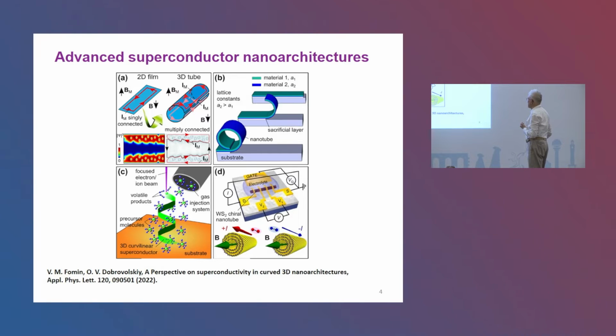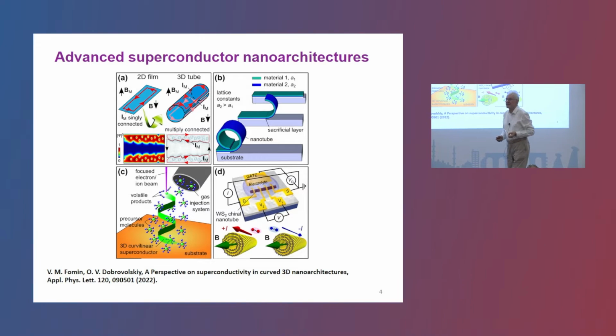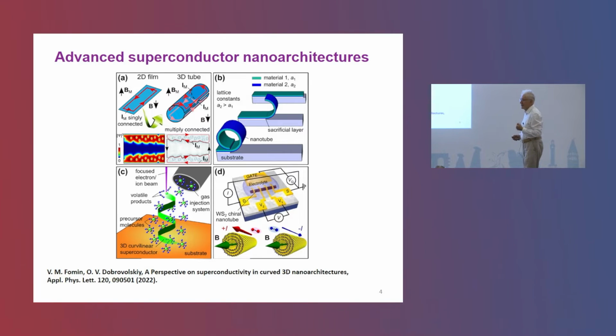And there can be also natural self-organization of such nanoarchitectures. We can recall carbon nanotubes. They are nanoarchitectures which are naturally organized, but now there are very, very many representatives of this class.